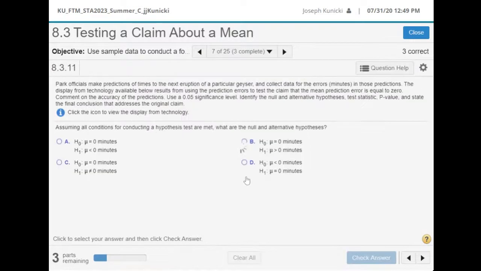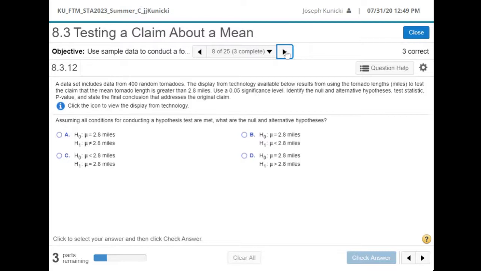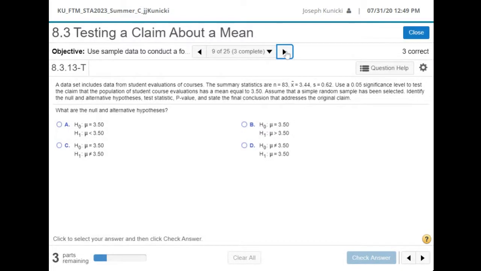Okay. So let's try another one of these with data. See, all these have an I in them, so they're all similar. Okay, here's one where there's summary statistics. This is 8.3.15. So N is 83, X bar is 3.44, and S is 0.62, alpha is 0.05.